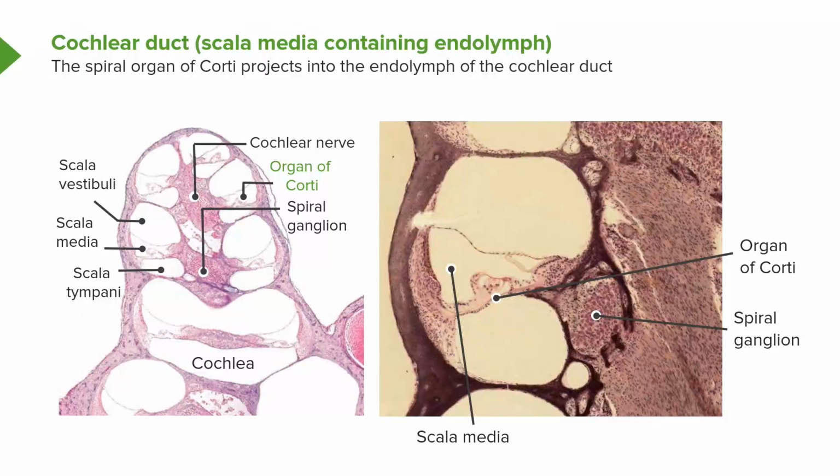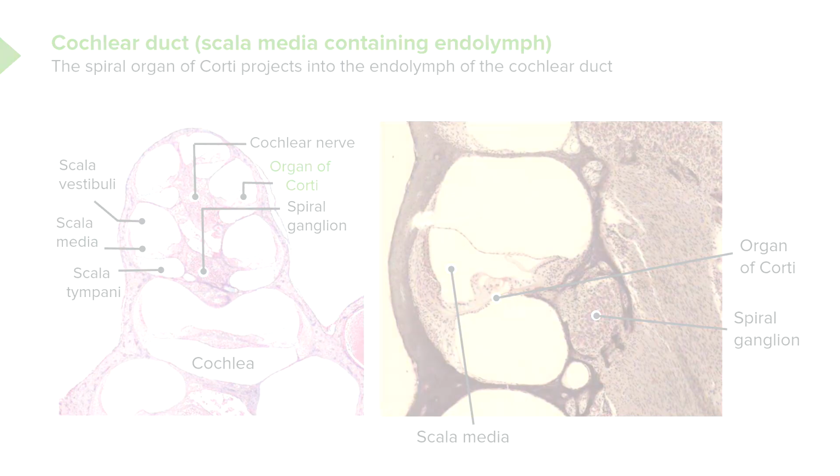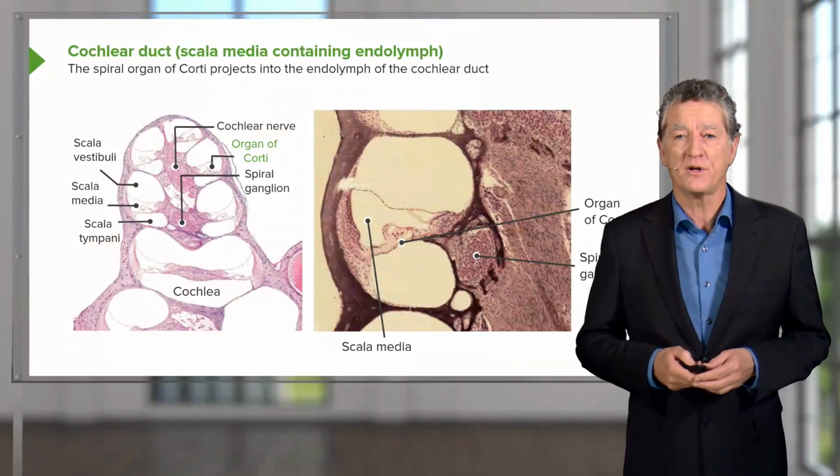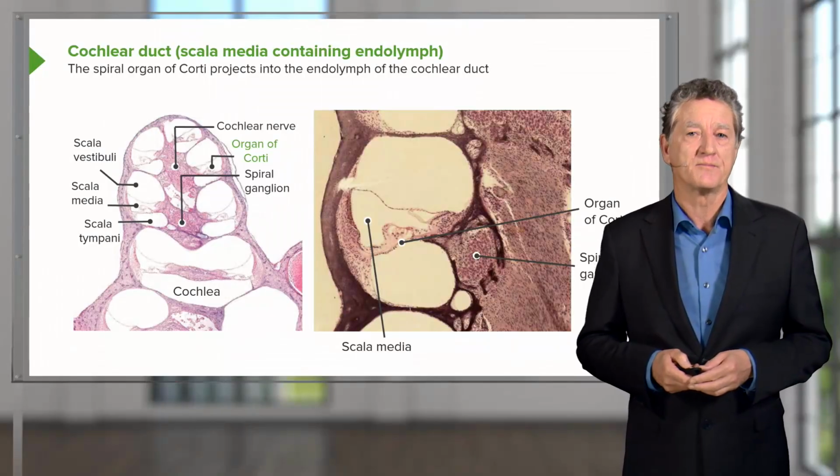The spiral ganglion is the bipolar neurons that send dendritic branches to the hair cells in the organ of Corti, and then the other component of those ganglion cells sends information through the cochlear nerve back into the central nervous system. So that spiral ganglion sits in the bone adjacent to each coil of the cochlear duct. The bone is the modiolus that I explained earlier.